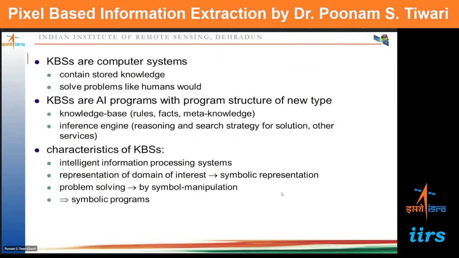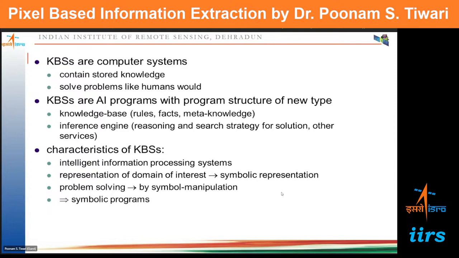Knowledge-based systems are computer systems which can store knowledge, and using this knowledge they can solve problems like humans would have solved. Knowledge-based systems are AI programs with a new type of program structure, which has a knowledge base and an inference engine.